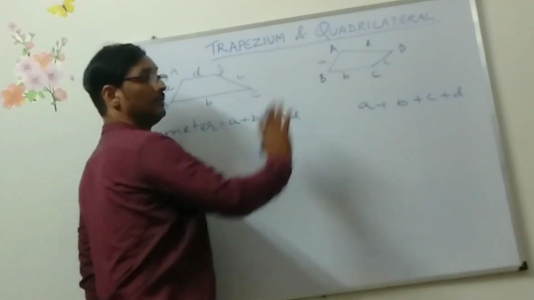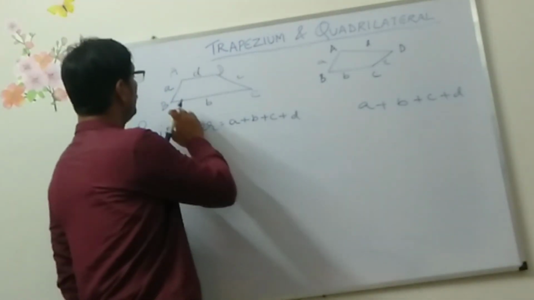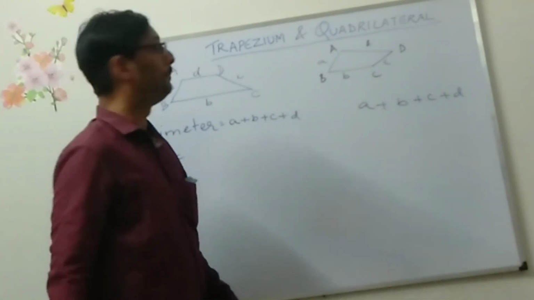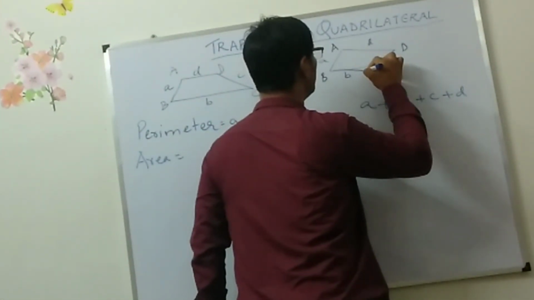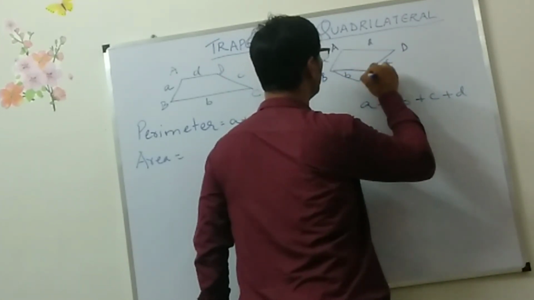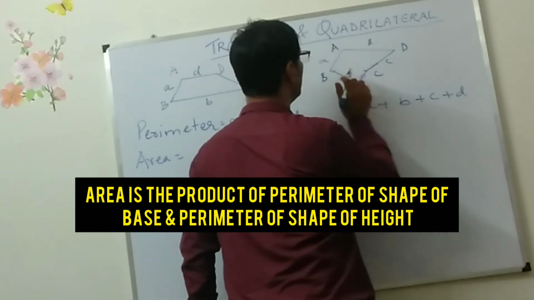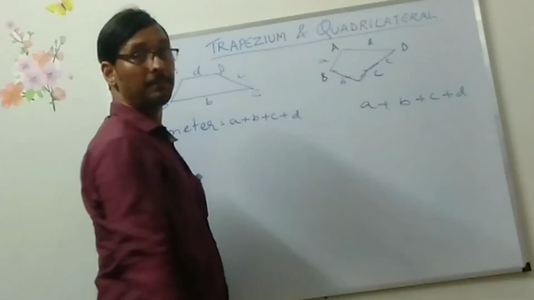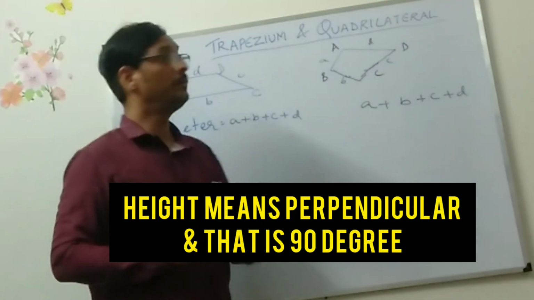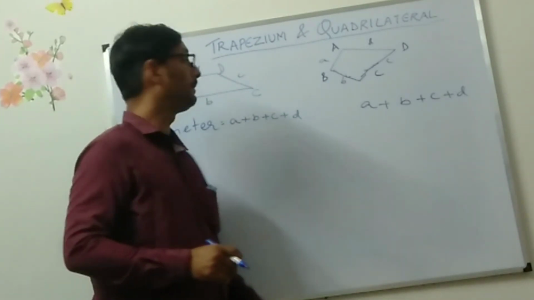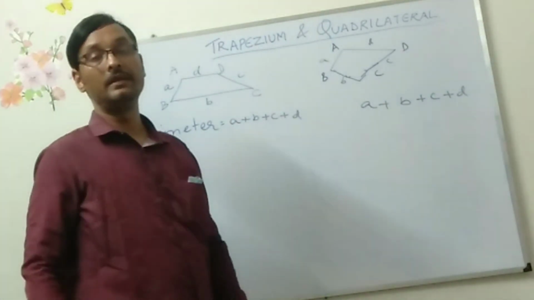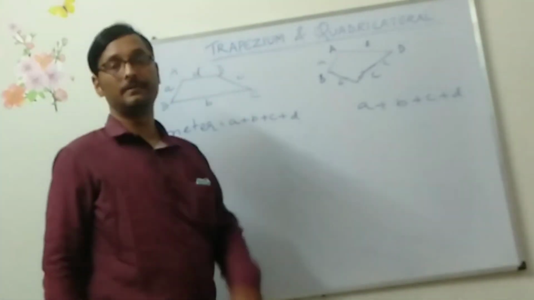In these two figures, if you look, you will find there is a base in it. But where is the height? For height, I told you there has to be 90 degree. In this figure, where is the 90 degree? So what do I need to do? I need to find it out in a different way.